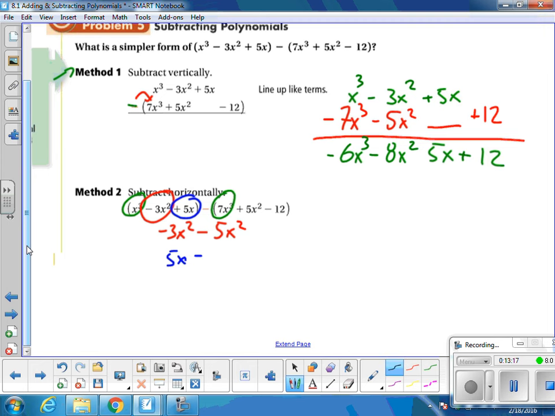And then I've got just your minus, actually, so it's like 0 minus negative 12. And let me get that first one too, just so we can see it. So I have x to the third minus 7x to the third. So kind of just looking at it, it's pieces. It's all up to you. And notice they are written in standard form, just because I have the highest degree first written down.